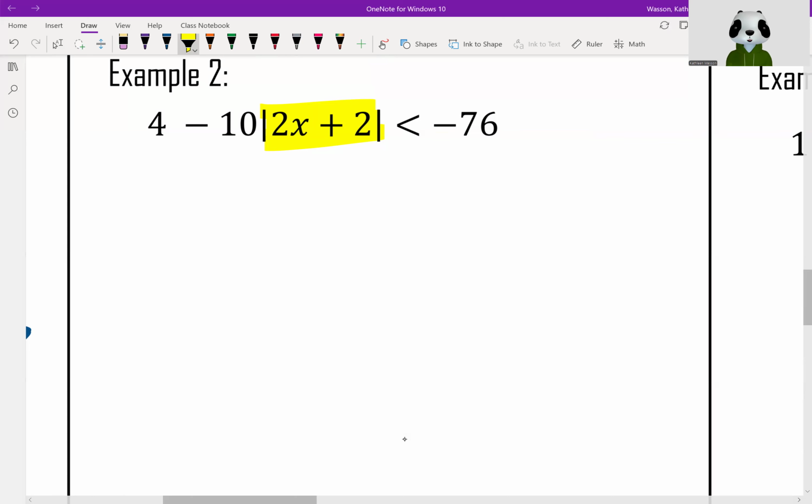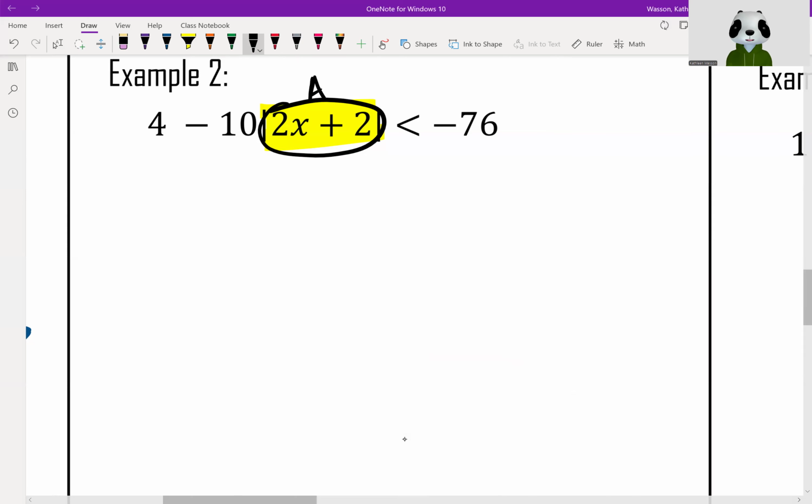So I need to move the 4 and the negative 10. If it's easier to think of for solving strategies, we could take the absolute value expression out and replace it with A.